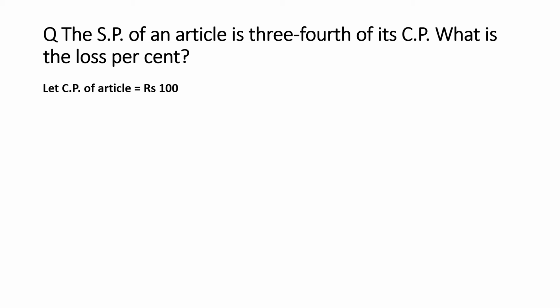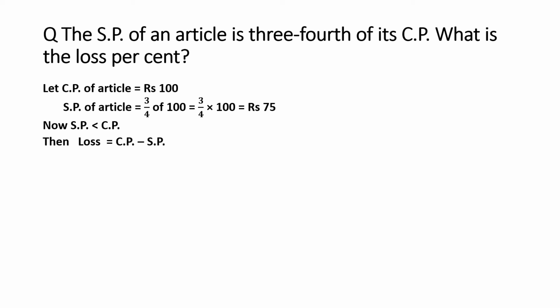If you are taking it as 100 like I have taken now, that CP of an article is rupees 100, then SP is 3/4 of 100, that is 3 by 4 into 100, rupees 75. Now cost price is rupees 100, selling price is rupees 75. He purchased the article for rupees 100 and sold it for rupees 75. Definitely he is having a loss. The SP is less than CP. In that case, loss is equal to CP minus SP, 100 minus 75, that is rupees 25.